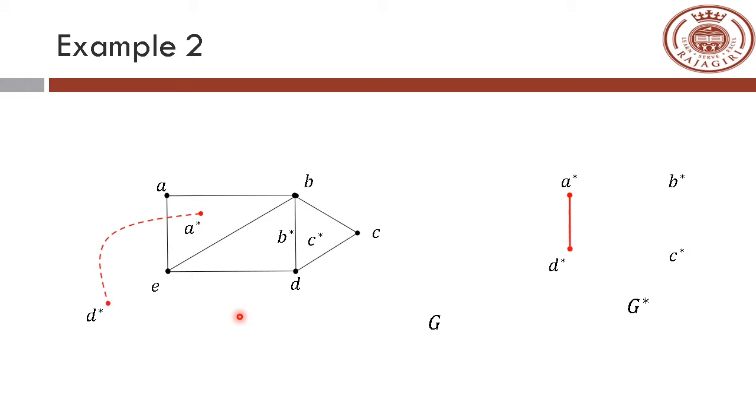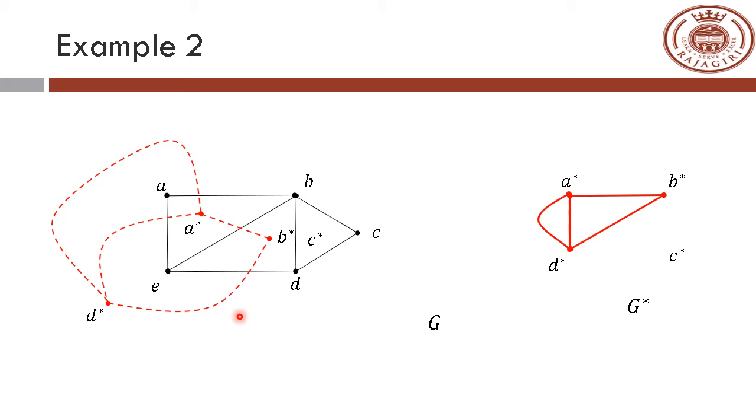We join A star and B star by crossing the edge joining A and E. Next, joining A star and B star by crossing the edge joining AB. Similarly, join the interior faces A star and B star, which are common to the edge joining B and E. Next is the edge joining B star and D star, which is an edge crossing the edge joining ED in the given planar graph.